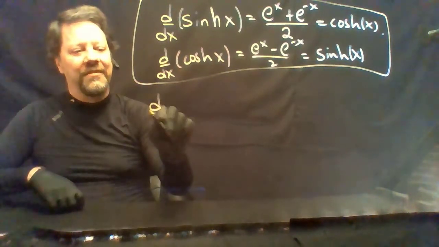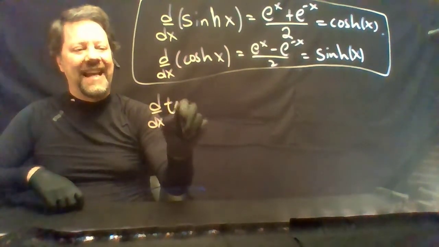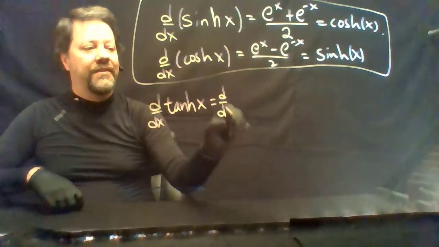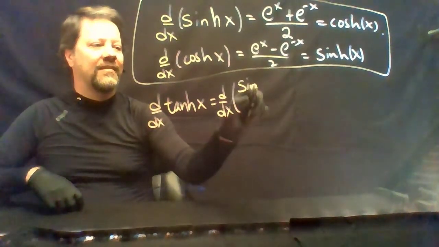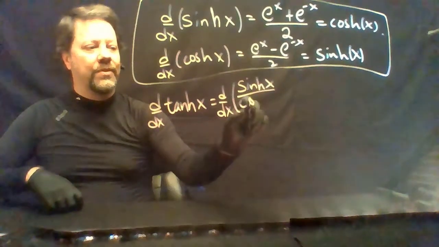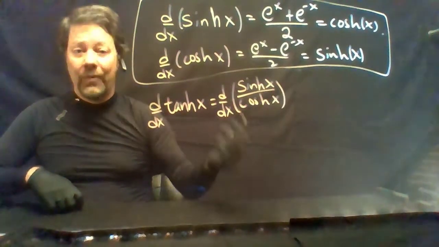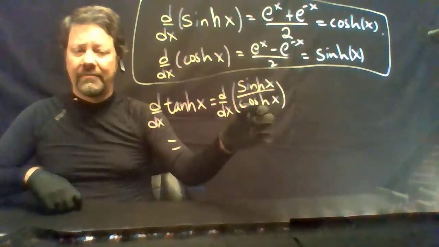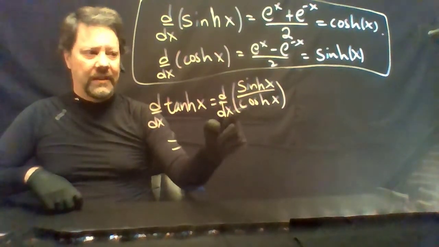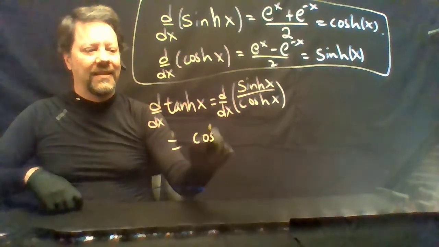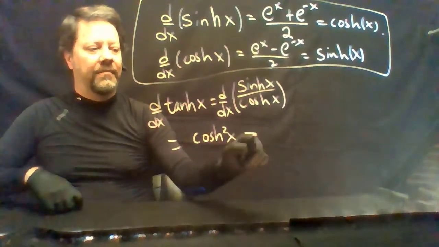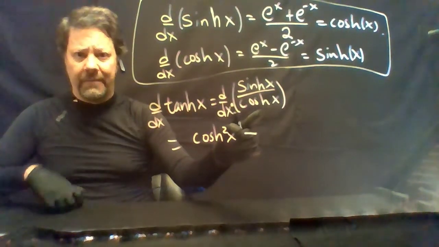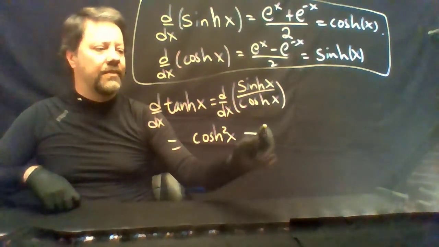Now, what is the derivative of tanh? Well, it's the derivative of sinh over cosh, which means we need to use a quotient rule. Derivative of the top is cosh times the bottom. That gives me cosh squared minus the top times the derivative of the bottom. But the derivative of cosh is sinh.